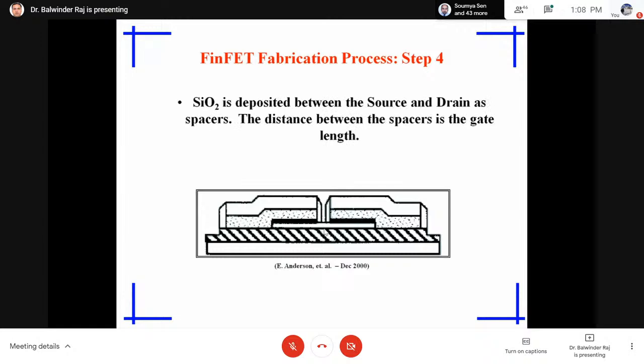Next step is we have to deposit the silicon dioxide. So this is the distance between the spacer and the gate. So we have to grow the silicon dioxide. At this spacer, we can grow the silicon nitride also, but for low cost ICs we prefer silicon dioxide, because we have a silicon substrate.